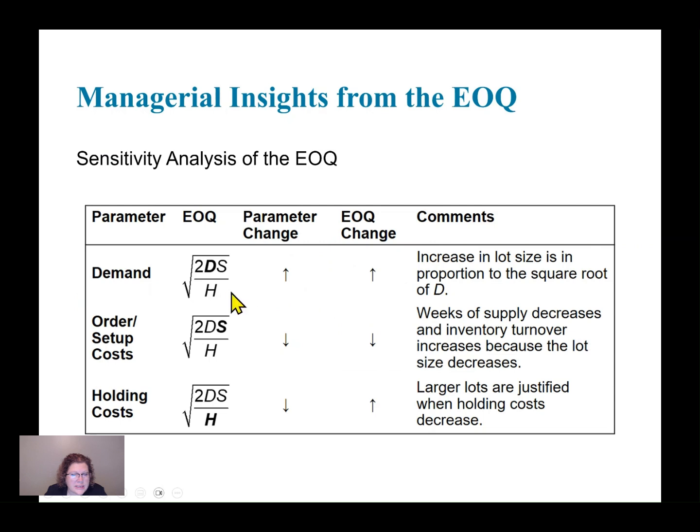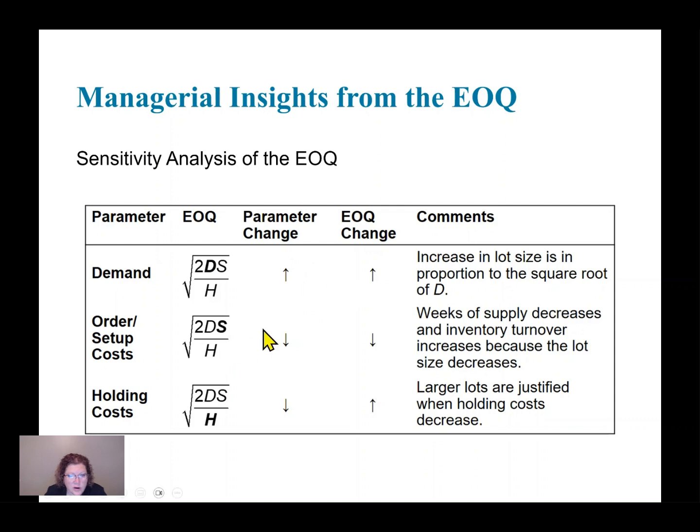And then, of course, we can tell from this equation how the variables will interact. For example, if demand goes up, your optimal lot size will also go up. If your ordering costs go up, then lot size would also go up.